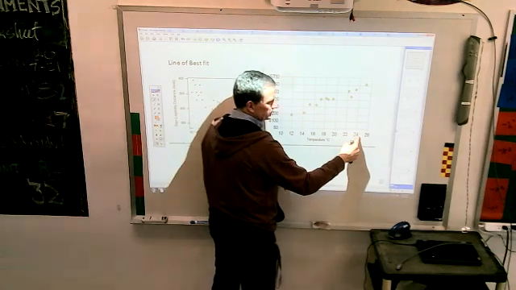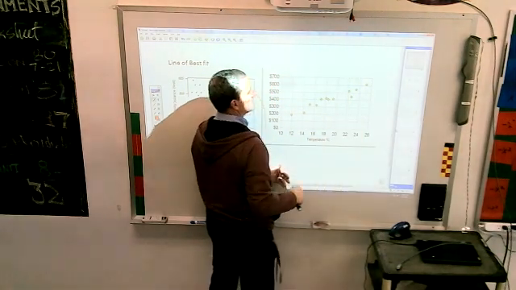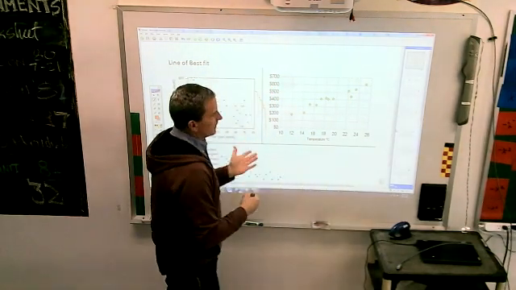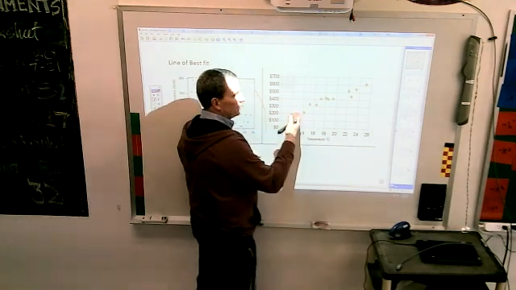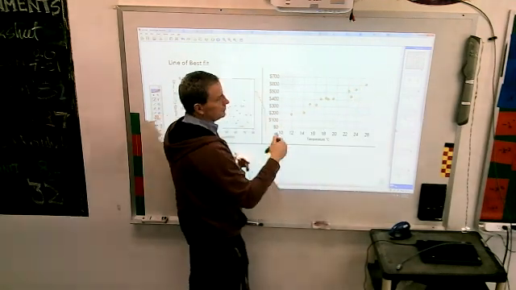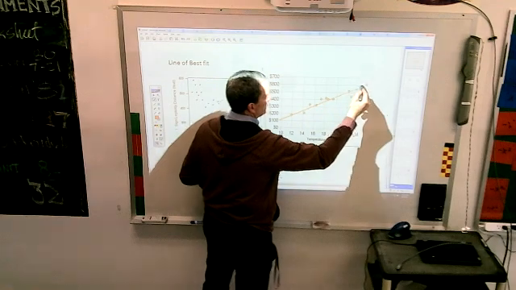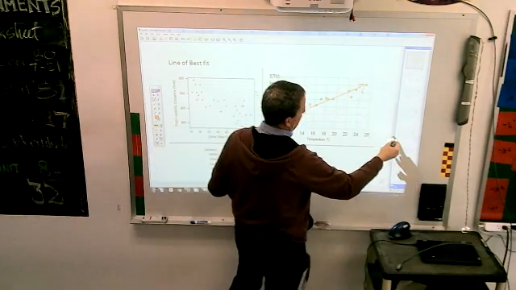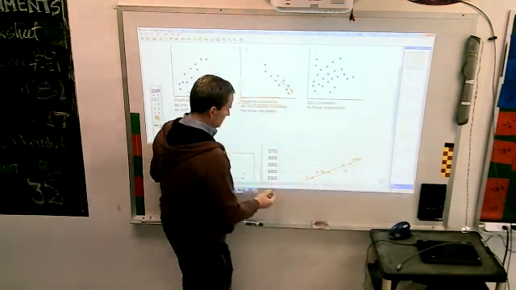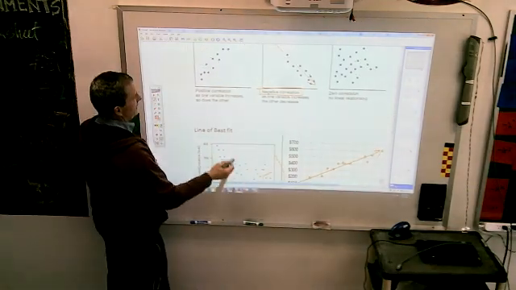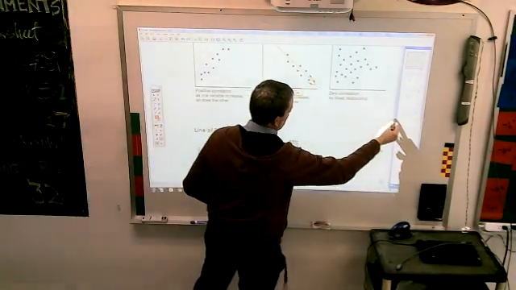As it gets hotter, 24 degrees Celsius, it costs you $600. If you look at the trend, it doesn't give you a perfect line, but you do see that it goes uphill from left to right. And if that's the case, then we have this other one over here, which is a positive correlation.